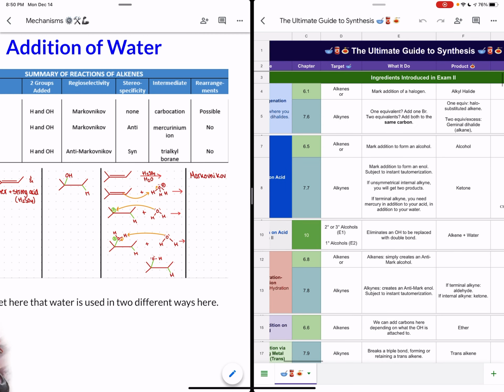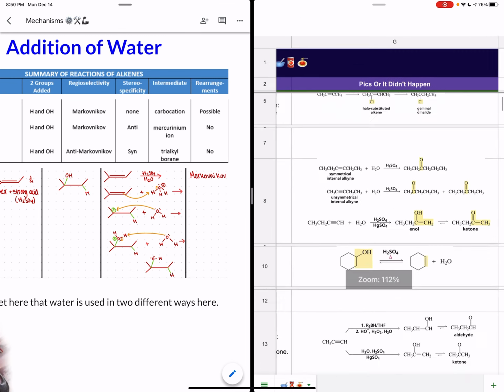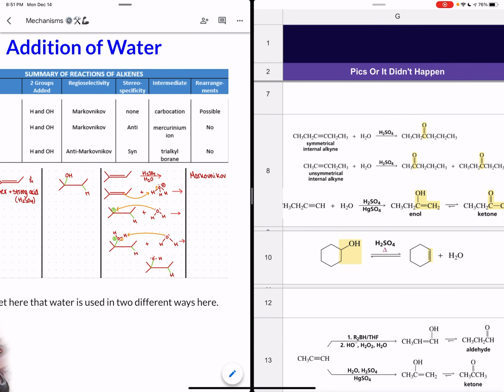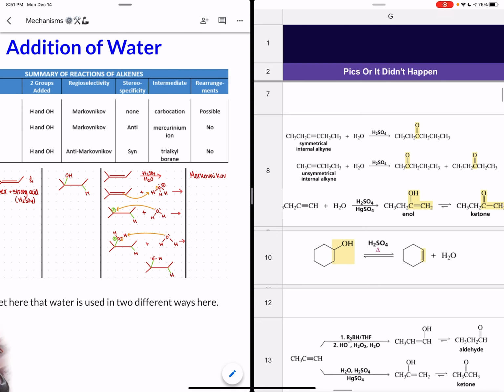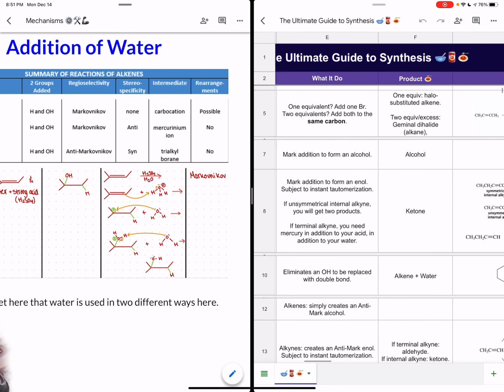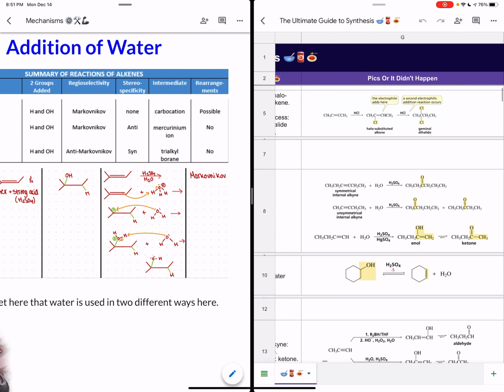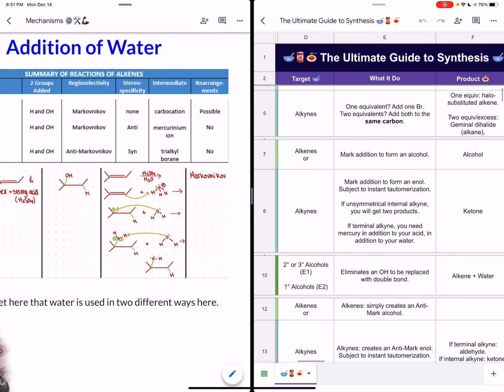If you're adding to an alkyne, you're going to have a Markovnikov's addition, and you're going to form what's called an enol, which will then tautomerize to a double-bonded oxygen. And you'll make a ketone. If unsymmetrical internal alkyne, you will get two products.